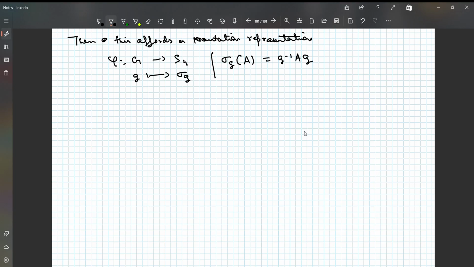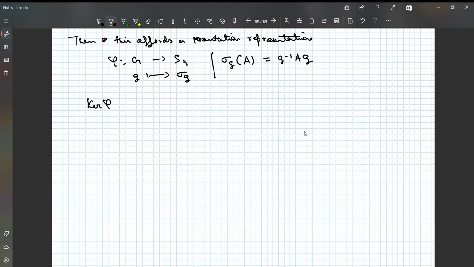But then what does the kernel of phi do? The kernel of phi consists of those elements in G which get mapped to the identity permutation in S4. That means the elements in the kernel normalize each element of A; they fix each element under conjugation, because sigma_g becomes the identity map.